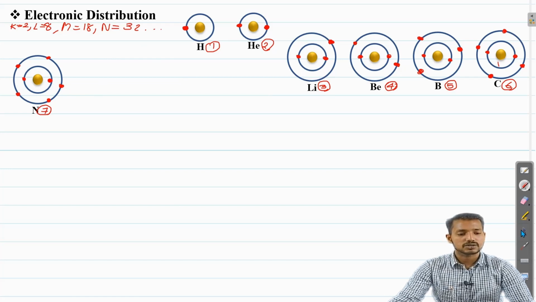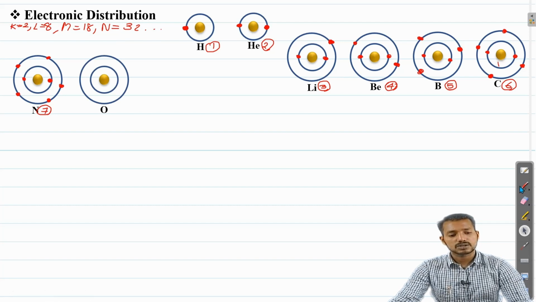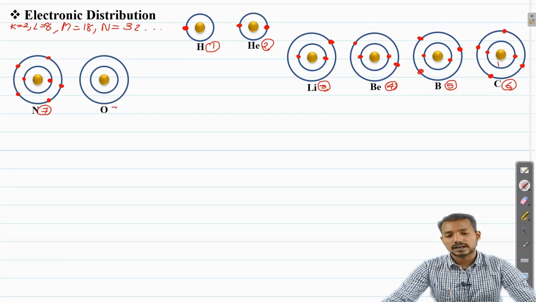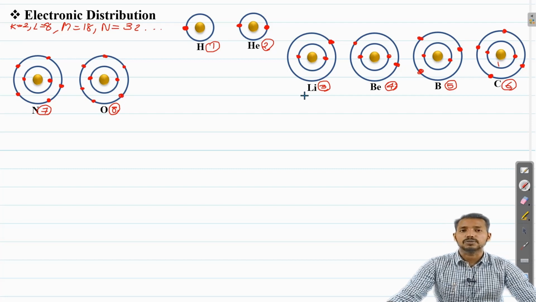We are discussing neutral atoms, not the ions. And the next one is oxygen. In case of oxygen, there are 8 electrons. So here, 2 first, and the remaining 6 electrons can be filled, 3, 4, 5 and 6, in the second orbit.